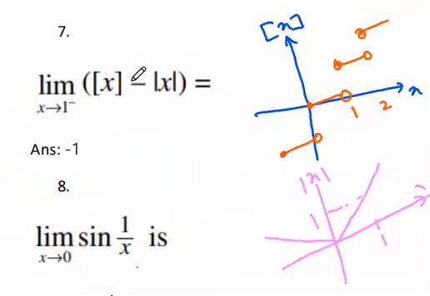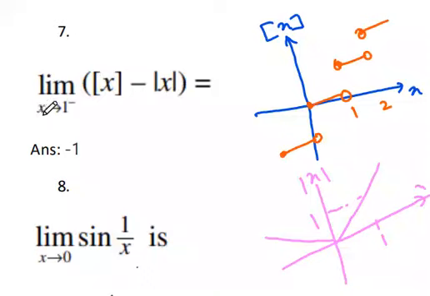Now let's look at the left limit of the difference of these two functions. We know that the limit of a difference of functions is equal to the difference of limits.